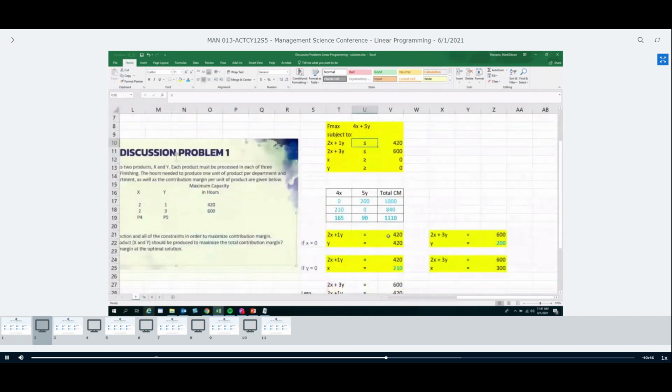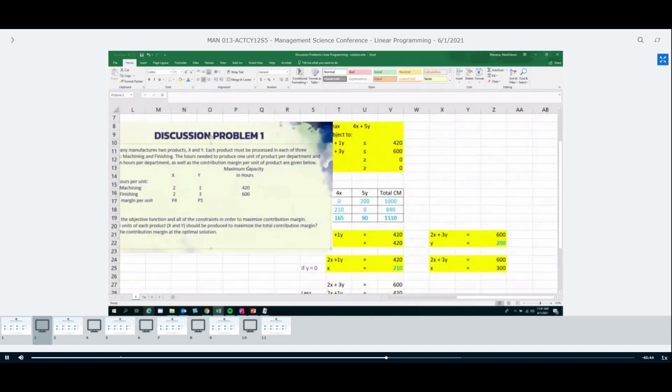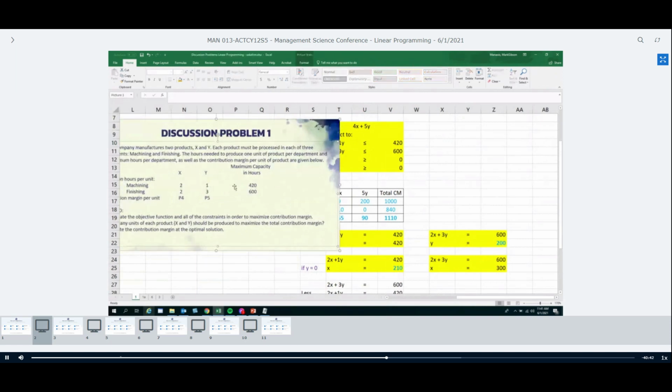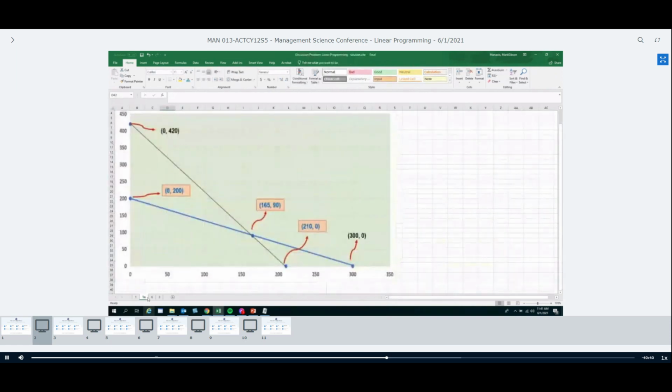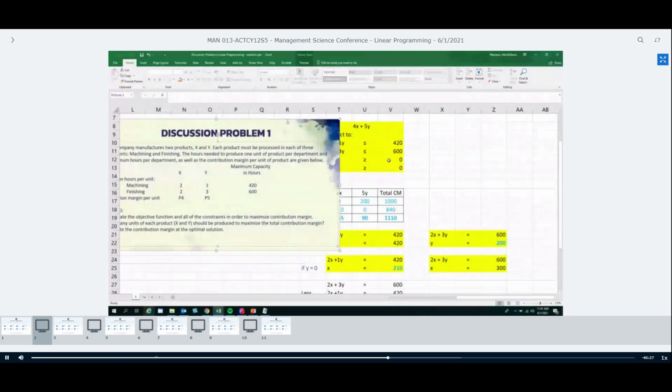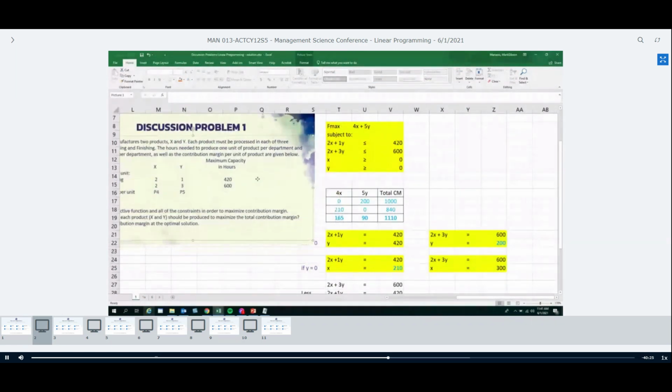So in problem 1, meron tayong dalawang departments. Tapos ipa-plot lang natin dito yung result, no? So yung una, 'di ba ang una natin is 420 and 600.